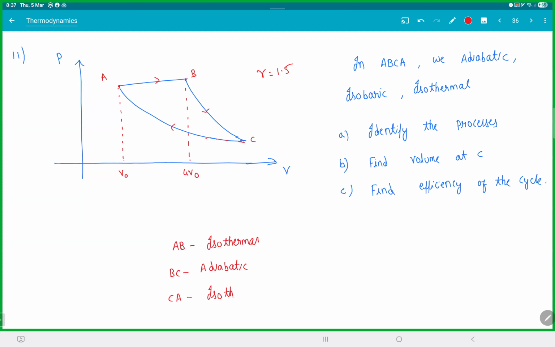That would be a CT question. They do ask such things. How do you find volume at C and the efficiency? Try. I'll give you 2 minutes. If you see the difference, in the previous class what we did was isobaric, isothermal. I'm just bringing different processes.